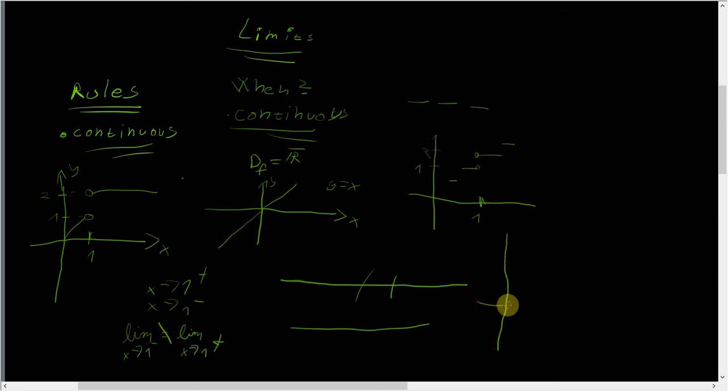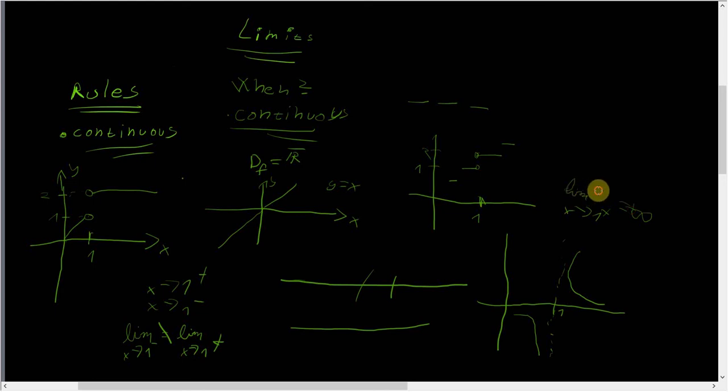Then we have these kind of weird functions where we have an asymptote. So we have an asymptote at point 1. And if we want to evaluate the limit, we can't really, because as we approach from the right hand side, we just head into plus infinity.